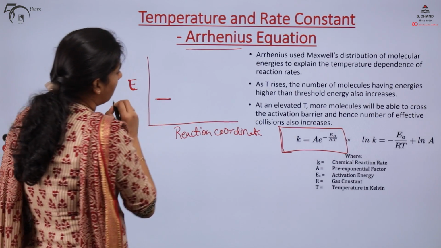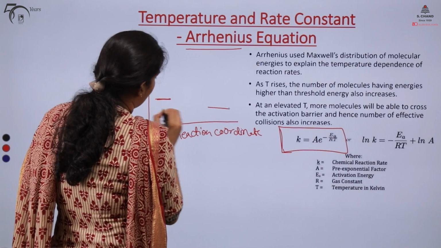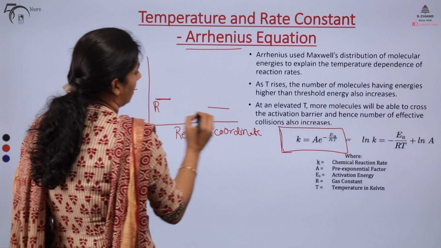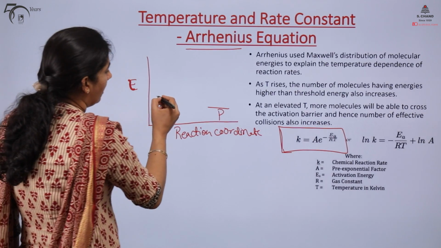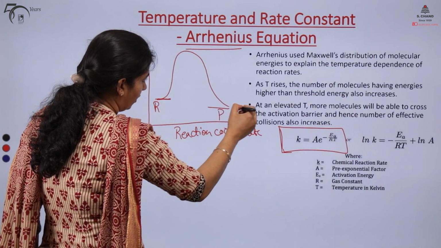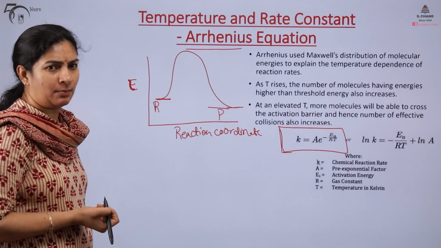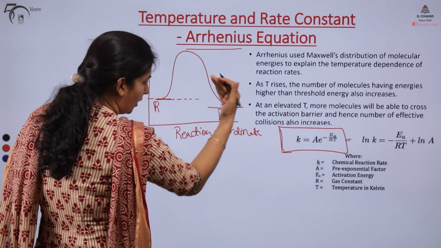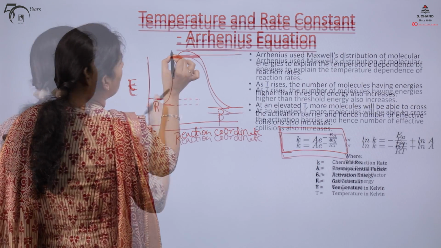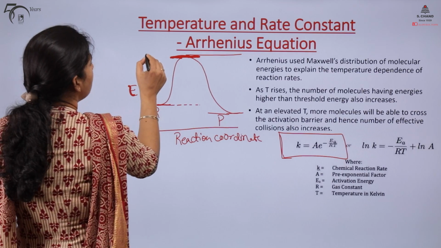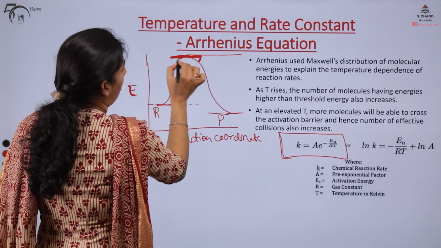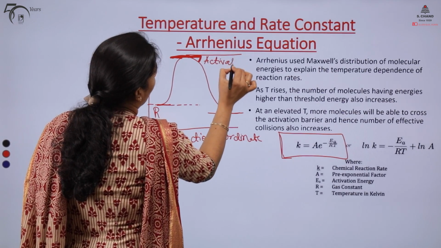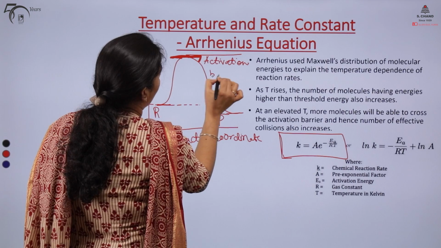This is where in my energy level profile diagram my reactant lies. I represent my reactant with R, product with P, and it follows this kind of energy profile diagram, right? Now the reaction is feasible, therefore the product has lesser energy. This is the energy which is called activation barrier.